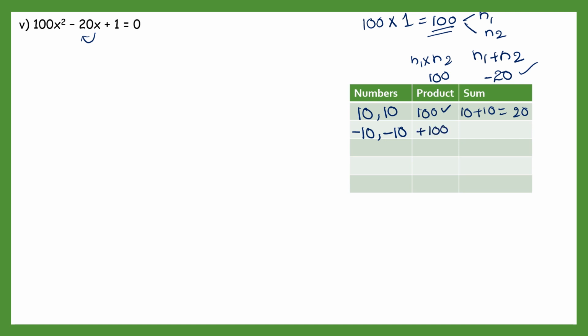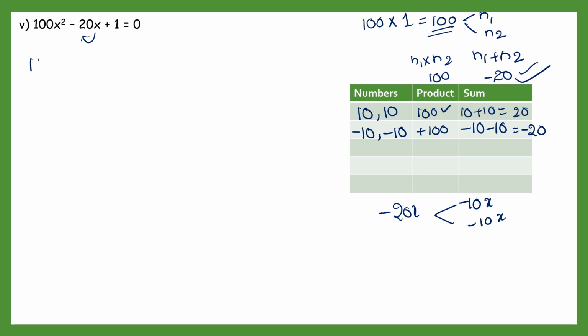So the product is satisfied. Then the sum of minus 10 and minus 10 is minus 20. So the sum is also satisfied here. So the numbers to be taken are minus 10, minus 10. The middle term minus 20x should be split as what? Minus 10x, minus 10x.